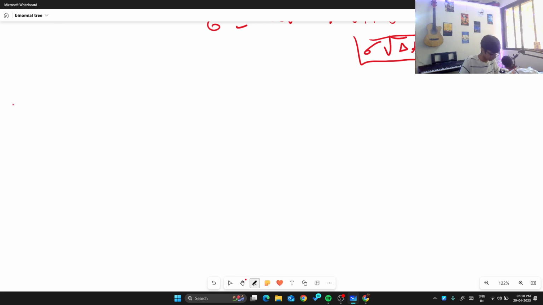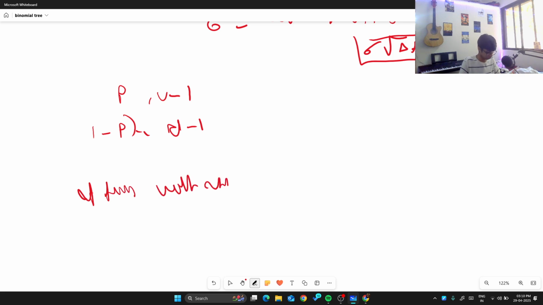So the derivation says that the price movement of going up with probability P is u minus 1, and the price of going down with probability 1 minus P is d minus 1, right? So it follows the volatility match, that will be the probability P of (u minus 1) square plus (1 minus P) (d minus 1) square.